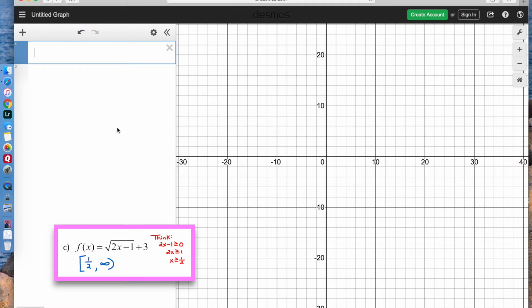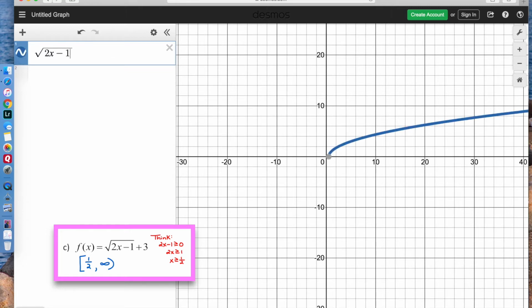For number 3C, I'm going to start typing the radical by typing the letters S, Q, R, T, and that automatically changes it to a square root. And then the 2x minus 1.